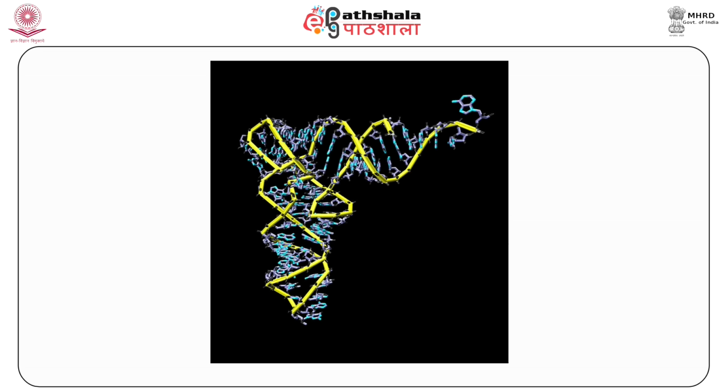Transfer RNA or tRNA is a small RNA chain of about 80 nucleotides that transfers a specific amino acid to a growing polypeptide chain at the ribosomal site of protein synthesis during translation. It has sites for amino acid attachment and an anti-codon region for codon recognition that binds to a specific sequence on the messenger RNA chain through hydrogen bonding.